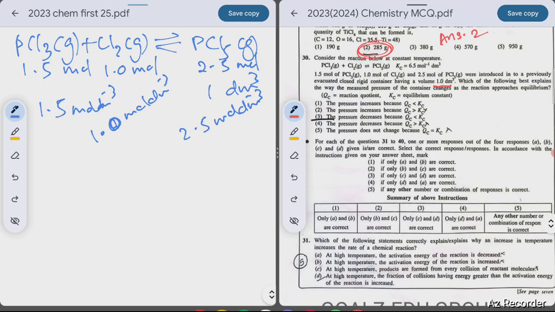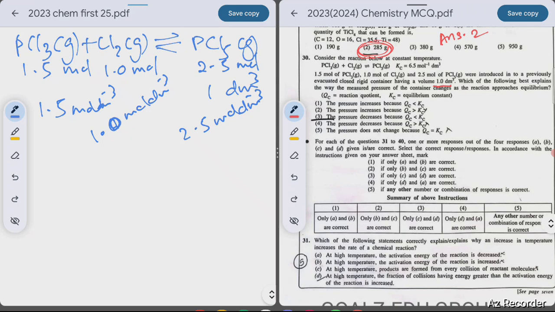So, let's find Qc first. You all know Qc is the reaction quotient and Kc is the equilibrium constant. What is the difference between these two? Kc is the ratio of the concentrations of the products and the reactants when it is at equilibrium. And Qc is the ratio of the concentrations of products over reactants when the reaction is not at equilibrium. Right?